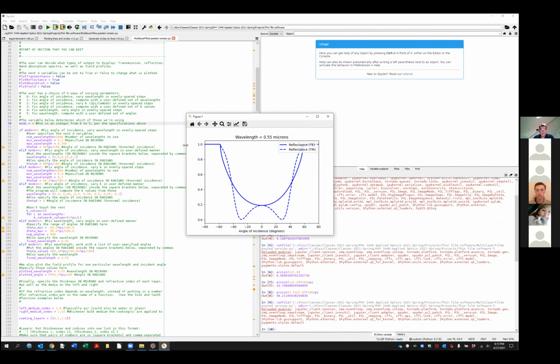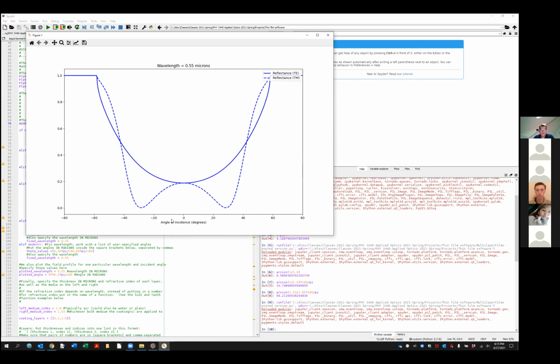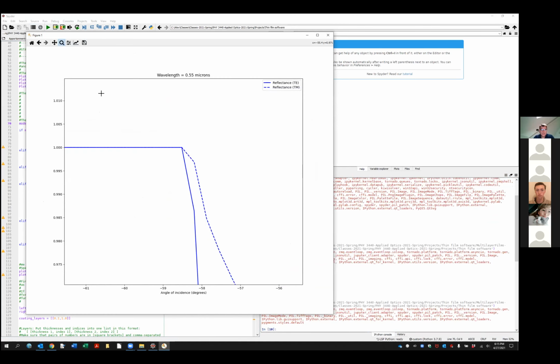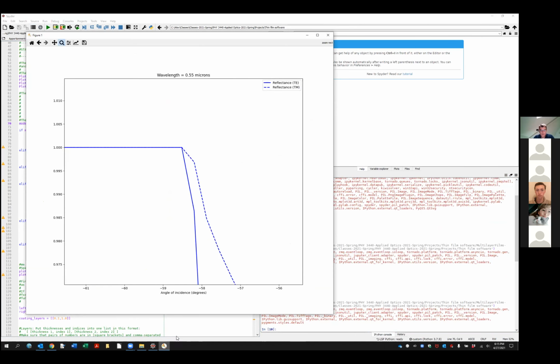Now I'm not going to maximize it. Let's just zoom in and see roughly what angle that was at. Hey, that's at 58 point something. And we said over here, 58.21. Okay, this is minus 58, but whatever.